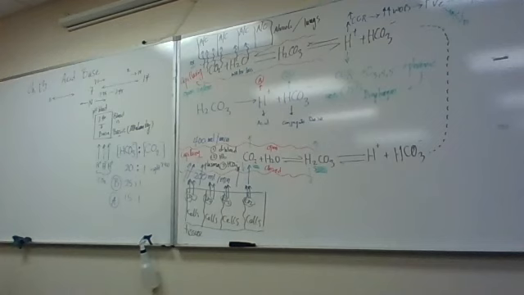For an acute increase in PCO2, the plasma concentration of bicarb increases by 1 milliequivalent per liter for every 10 millimeters of mercury increment of PCO2 greater than 40 millimeters of mercury. We just want to keep that in mind. And if you look at it, bicarb goes up 1 for every 10 millimeters of mercury of PCO2.